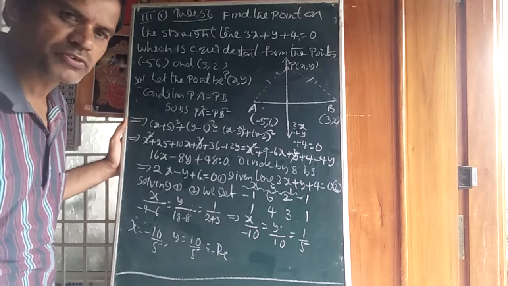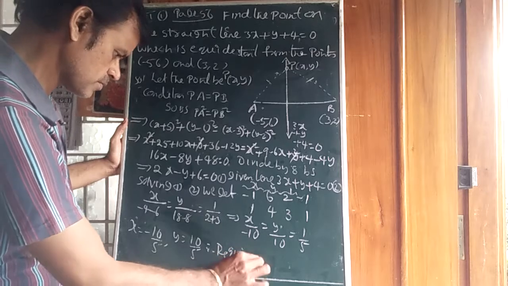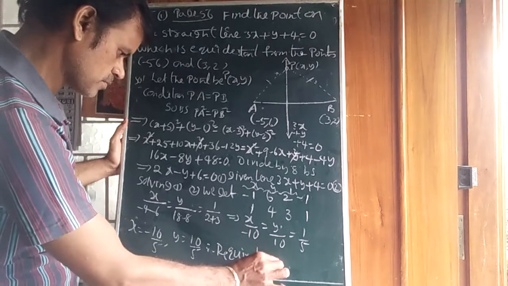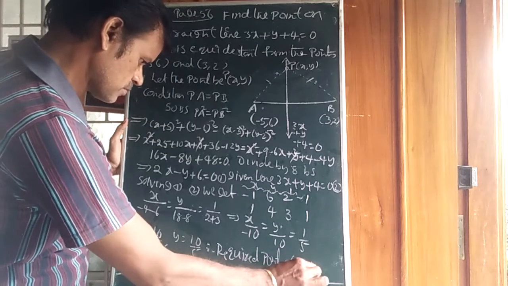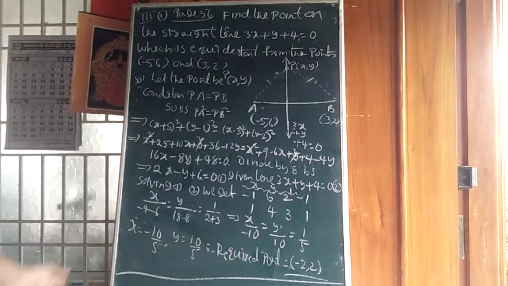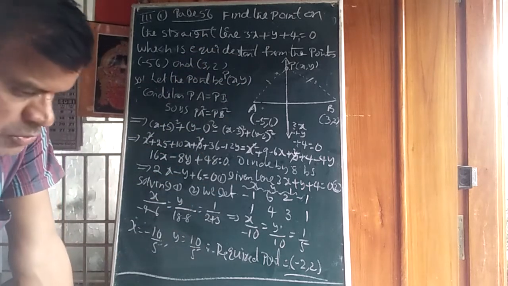Therefore the required point you should write as minus 2 comma 2. The required point, whatever the point on the line according to the given condition, is minus 2 comma 2.